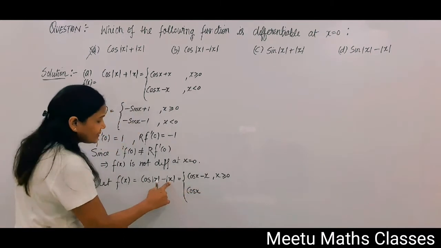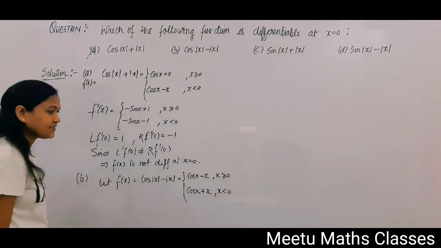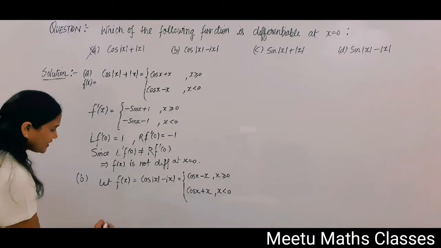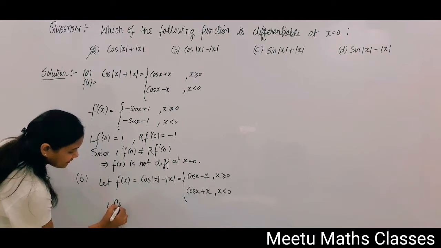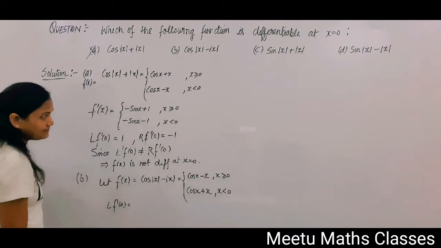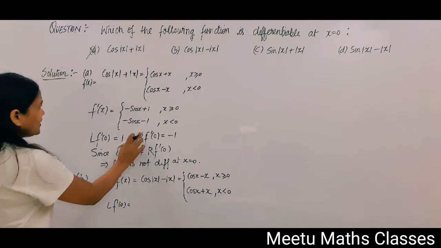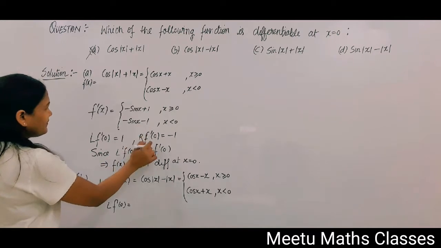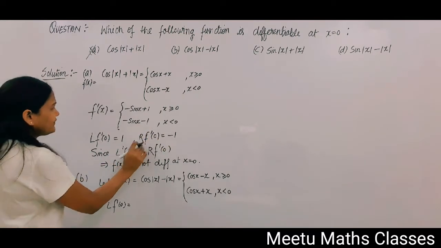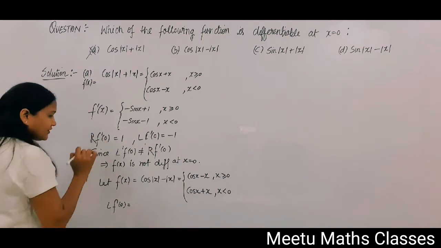So when x is negative, the function will be defined like this. Now left hand derivative at x equals 0, here also minus 1 will be the left hand derivative.